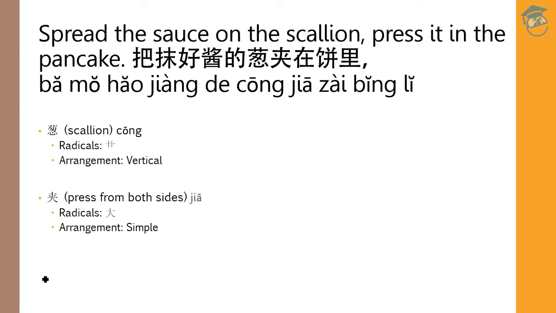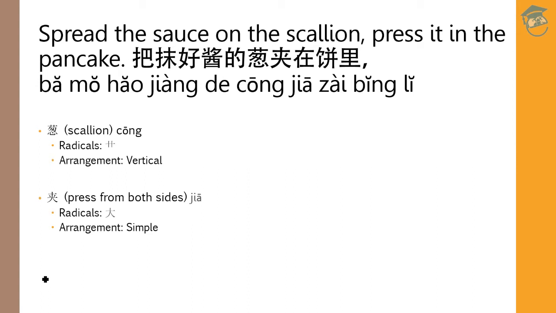It's just to fold the pancake on top so that the scallion and also the roast duck is in it. Alright, so 把磨好酱的葱加在饼里 is to get the scallion which has the sauce spread on it and then press it, or get it folded, in the pancake.